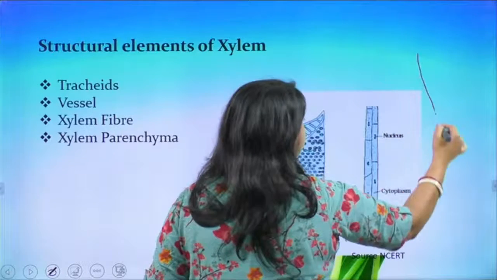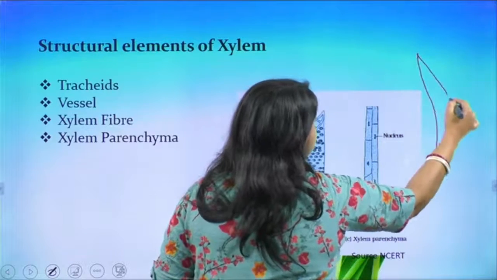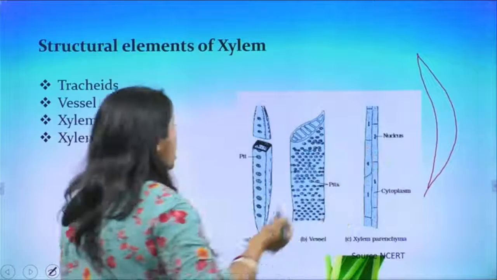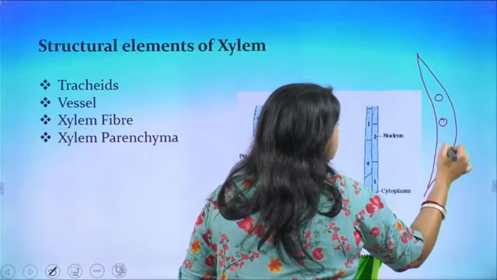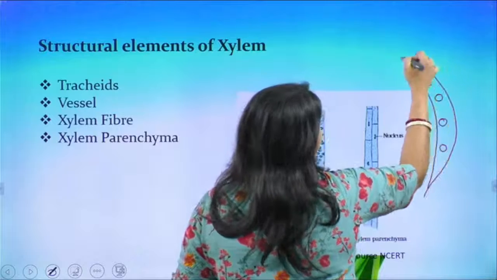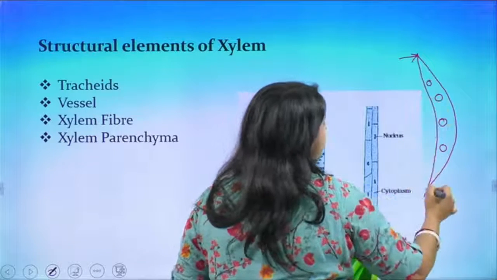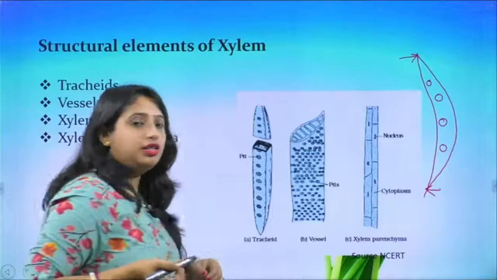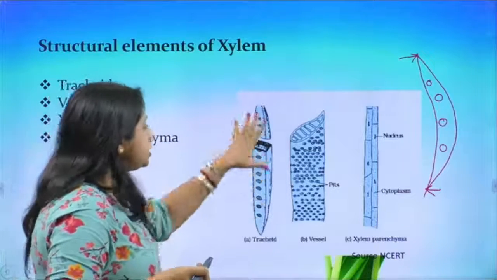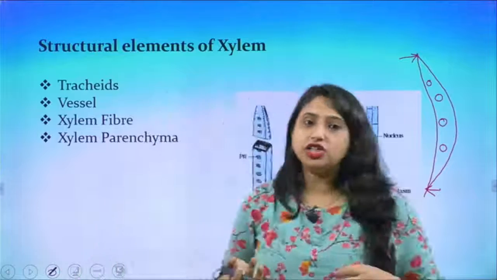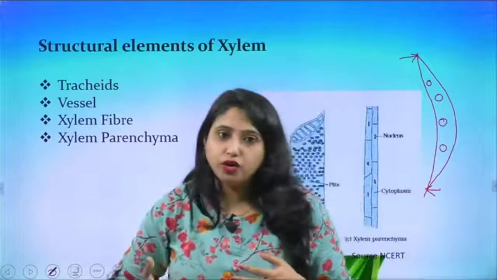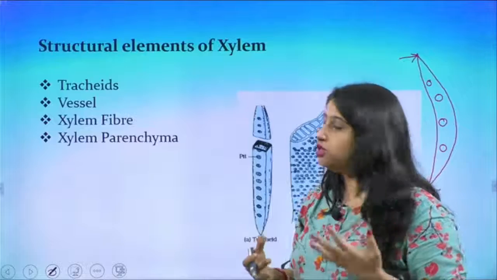Its structure is like this, it has tapering ends, and you can see the various pits here. This is a narrow, tapering end. This tracheid helps in the transportation of water. It provides support to the xylem to transport the water.